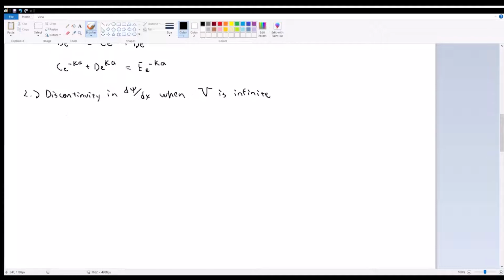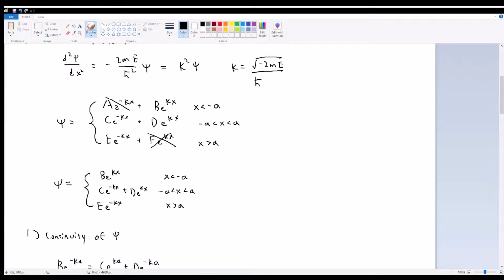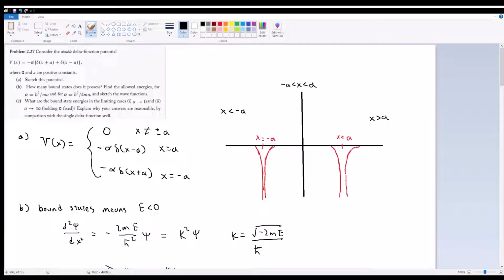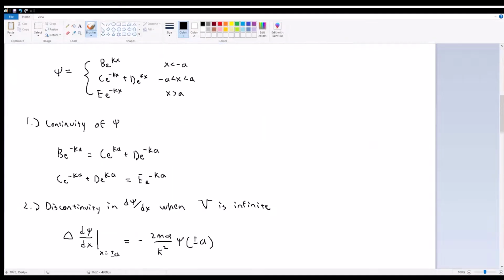The basic rule is that the difference in the derivative of psi, delta d psi by dx, at some critical point, let's say x equals plus minus a, is going to equal negative 2m alpha divided by h bar squared times psi of plus minus a, respectively, where plus and minus a are the 2 points on our graph where the potential does go to infinity, because remember, these are the centers of our delta wells.